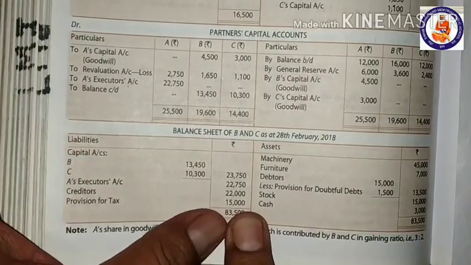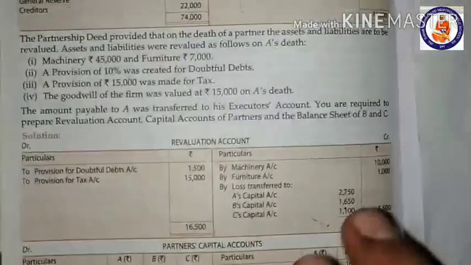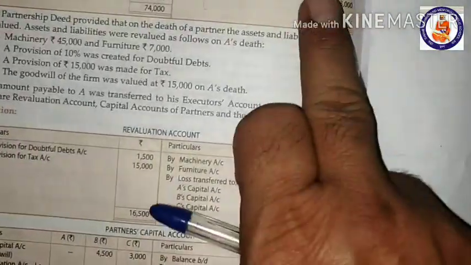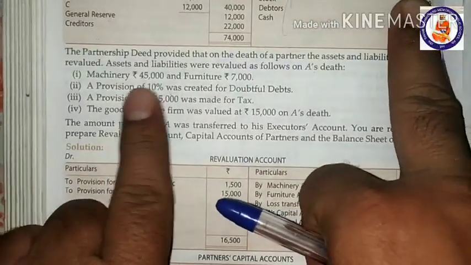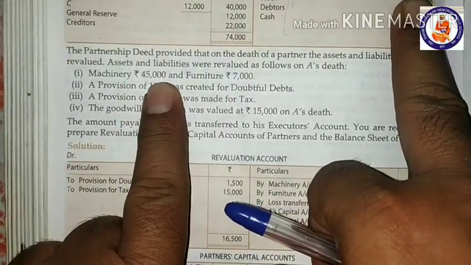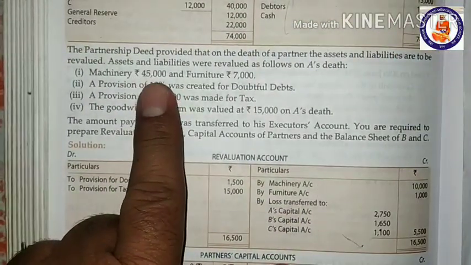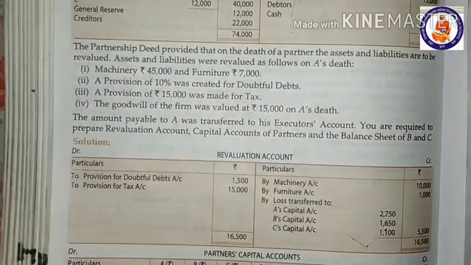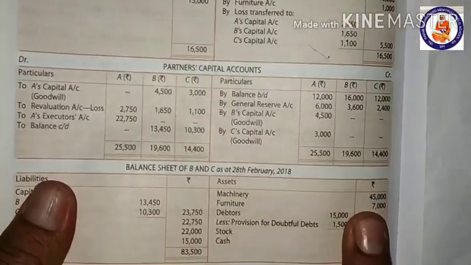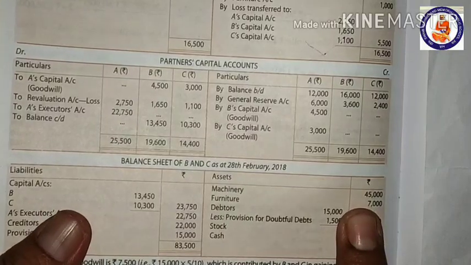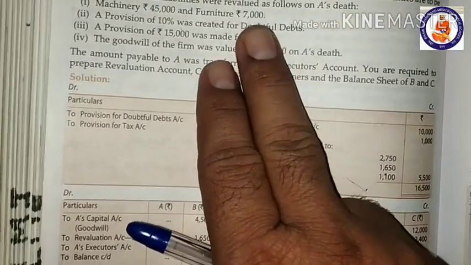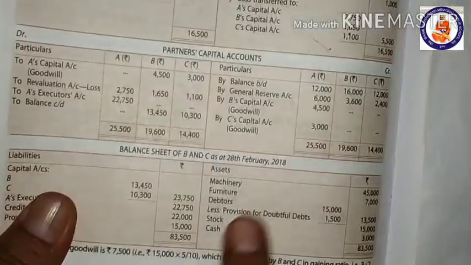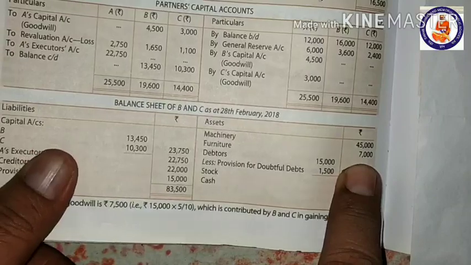Now come to the asset side. Machinery is given here as 35,000, but the question says machinery is revalued at 45,000, so we will show machinery at 45,000. Then furniture of 6,000 was revalued to 7,000, so furniture will show 7,000.